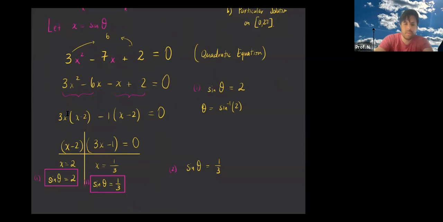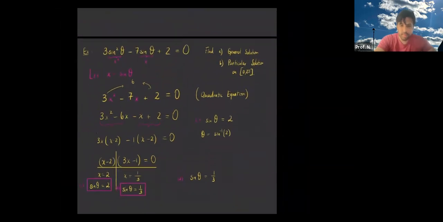Did you expect that, or was that a surprise? Wasn't I supposed to not get an answer for this? The reason why I get an error is because sine can never be bigger than 1. So this equation actually has no solution.